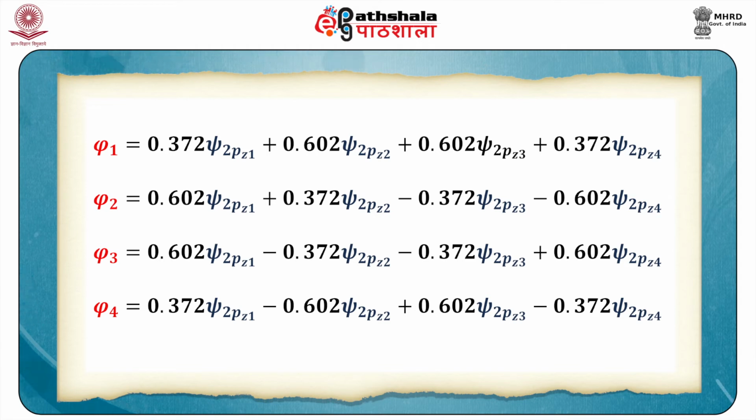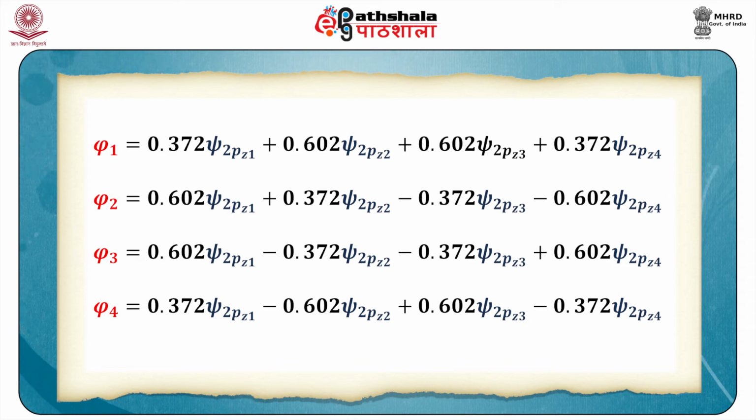Similarly, 0.602 will be C13, and lastly 0.372 will be the coefficient of the molecular orbital 1 on carbon atom 4, that means C14. And the same thing can be extrapolated to other molecular orbitals as shown here.